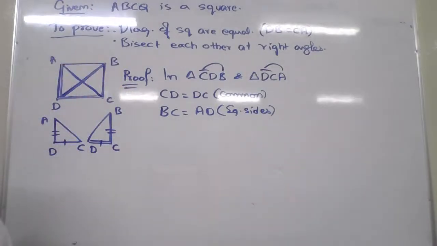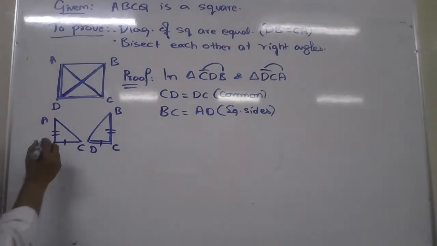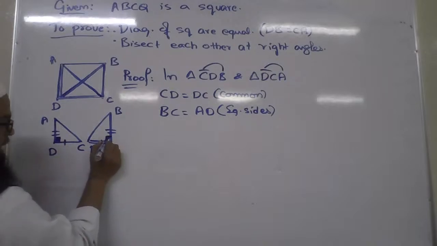And what is the next step? What are the equal parts? Yes, Kevin, equal sides. That's right. What are the next equal parts? Angle ADC is 90 degrees, and here also 90 degrees.